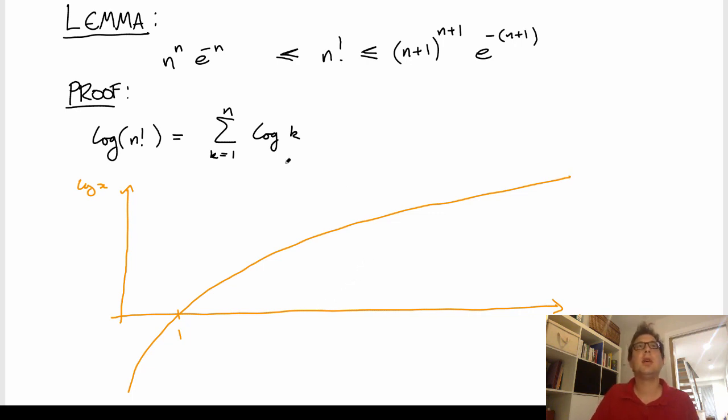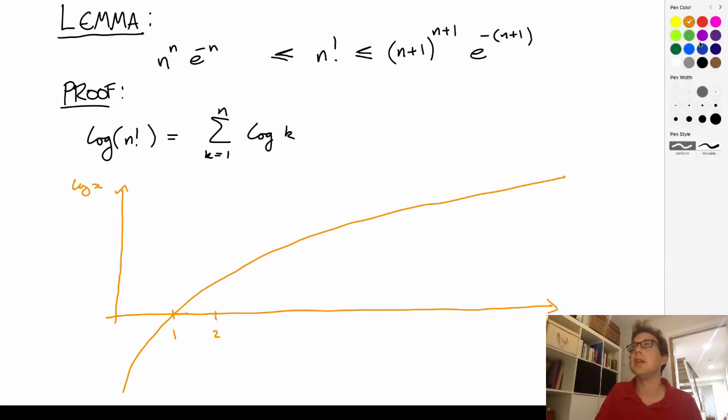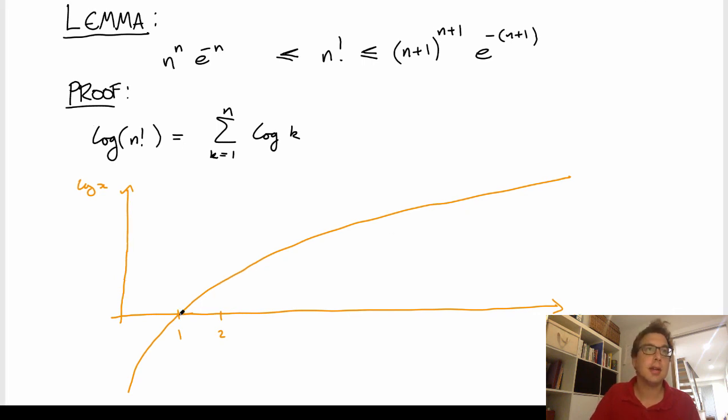So what this summation is doing is, from 1 to 2, I take the value of log 1, and the value here is just this. Then at 3, I look at log of 2 and evaluate it for 1 length of time, and the area under here is going to give me the second term in this sum. And from 3 to 4, the area under here is going to give me the third value in my sum.